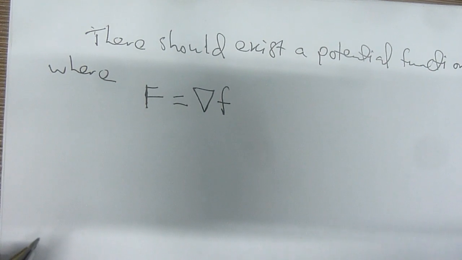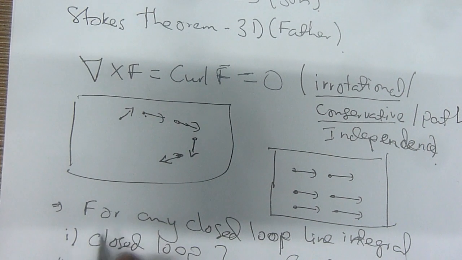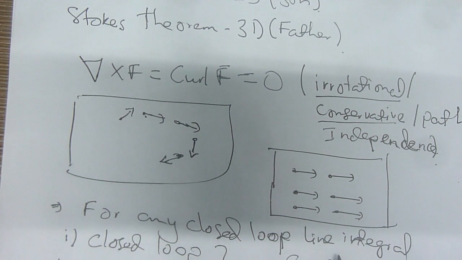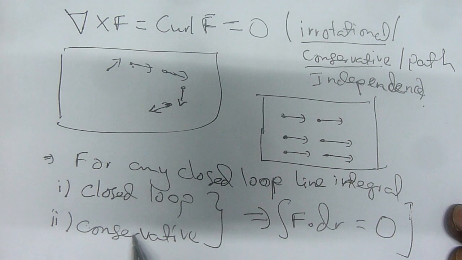For which case, again, for any closed loop line integral, if it is a closed loop, of course it's 0.